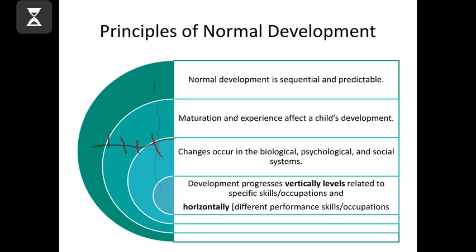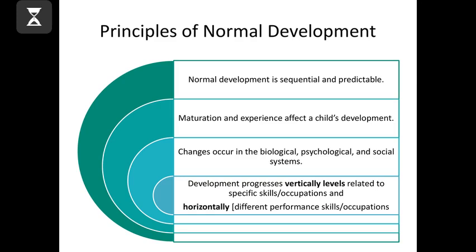So the text, let me look to see what examples they give. For example, in the occupation of ADLs, children learn to eat with their fingers before they learn to eat with a spoon. As children learn to roll, then crawl, and finally walk, they are progressing vertically in gross motor performance areas, or in the area of occupation.